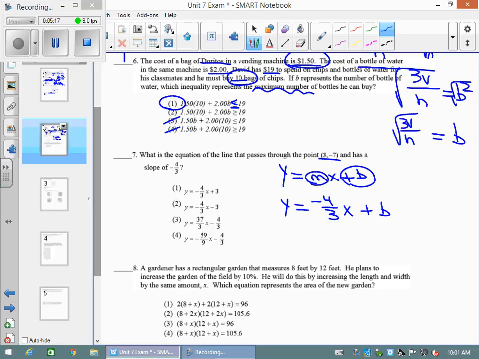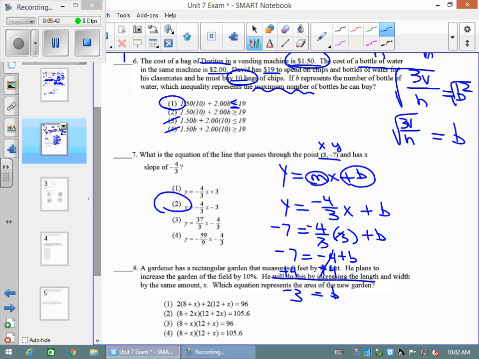To do that, I'm going to take this point and plug 3 in for x and negative 7 in for y. So negative 7 equals negative 4 over 3 times my x value plus b. So when I simplify, I get that b would have to be negative 3.